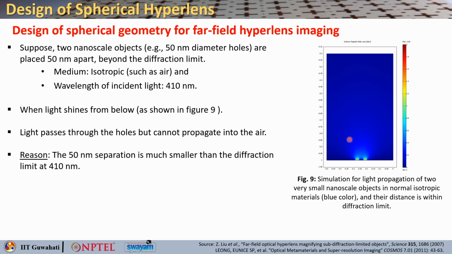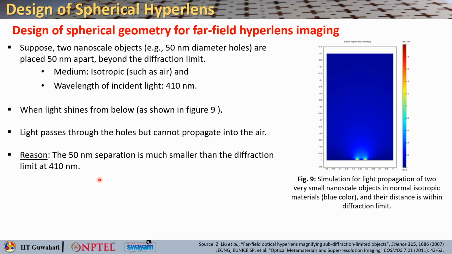The reason is that this is sub-wavelength information and 50 nanometer separation is much smaller than the diffraction limit at 410. Typically the diffraction limit is half the wavelength. So, below 200 or 205 nanometer, you will not be able to resolve the information, and that is what we are seeing here.